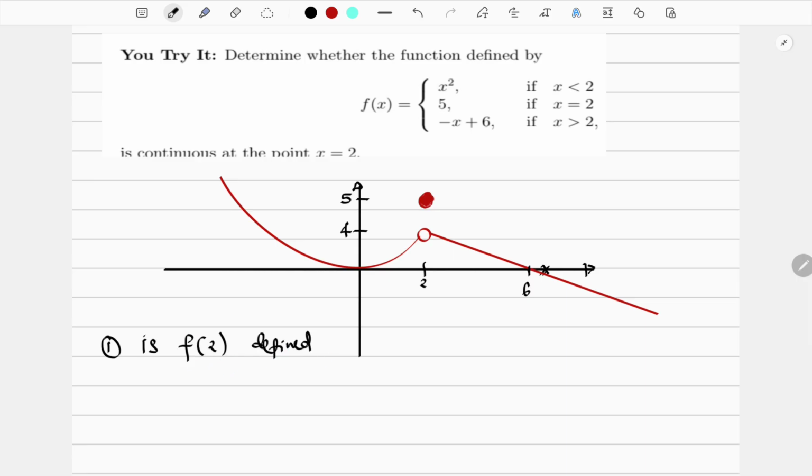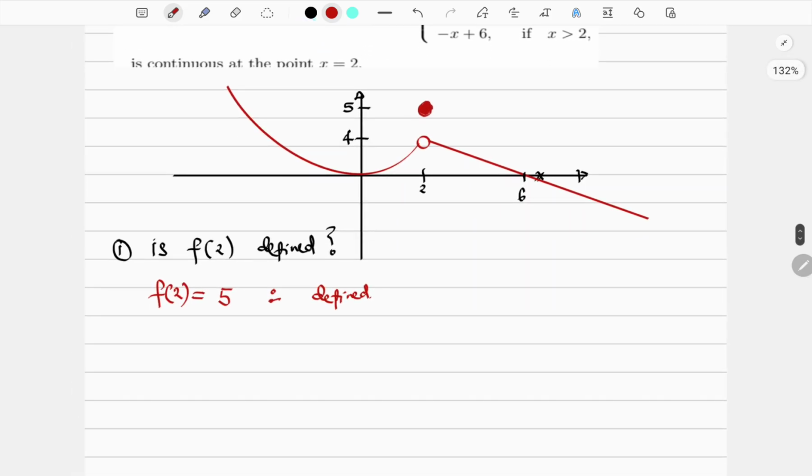Does it have a finite value at 2? So you can actually see that f at 2 is equal to 5. So our answer, f of 2 is equal to 5. Therefore, defined. Right?